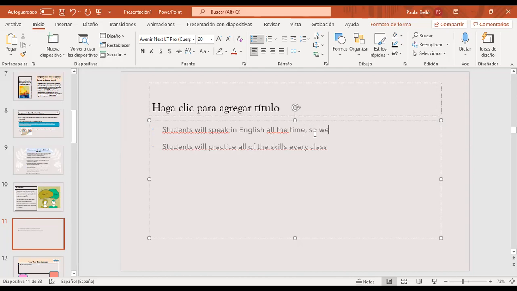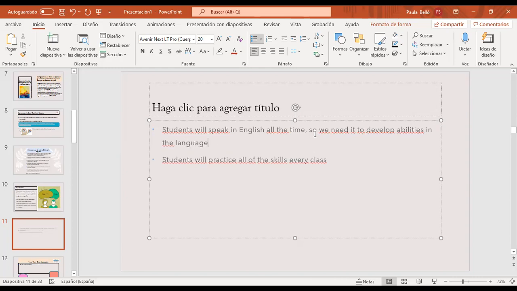So we need, as Phoebe says, to develop your knowledge of the language and your ability to develop abilities in the language, something that we cannot escape, because you have this opportunity and you have to take advantage of it.